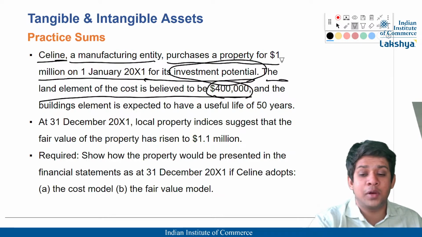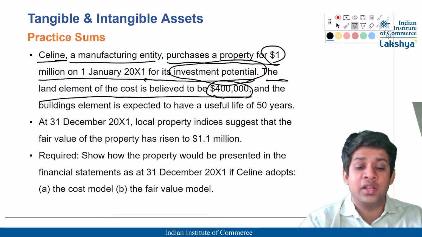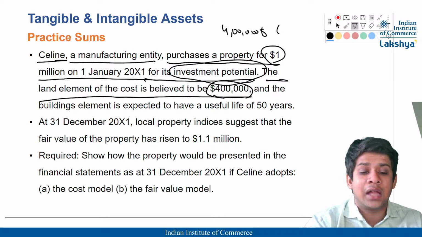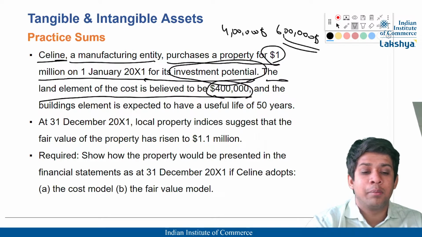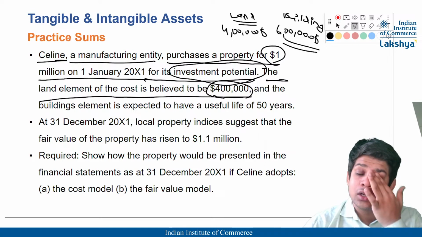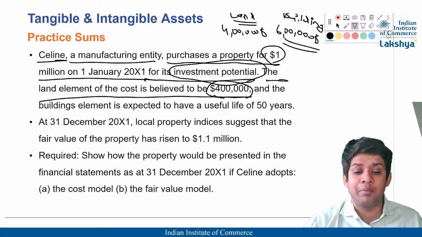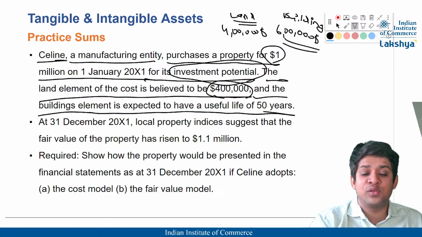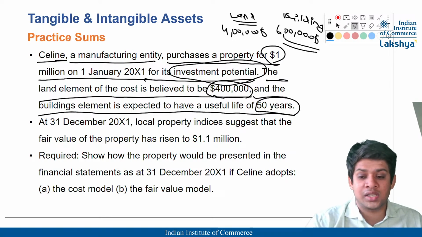That means they purchased it for 1 million, out of which $4 lakh belongs to the land and the remaining $6 lakh will belong to the building. The building element is expected to have a useful life of 50 years when it was purchased, that is on 1st January 2011.